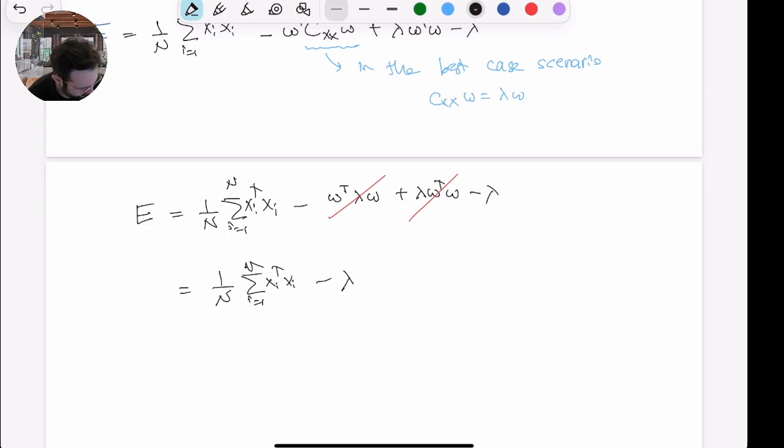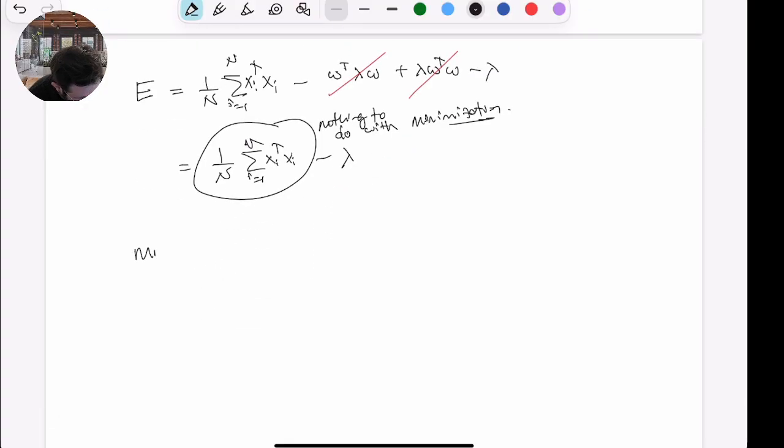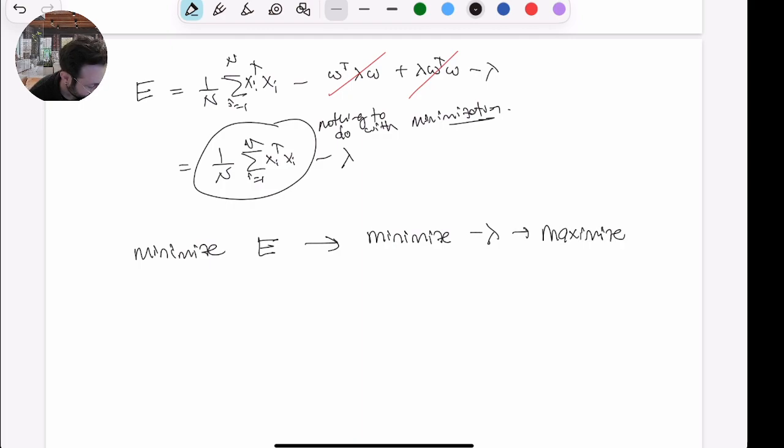This term has nothing to do with minimization. So if I want to minimize error, it means that I need to minimize negative lambda. It means that I need to maximize lambda.